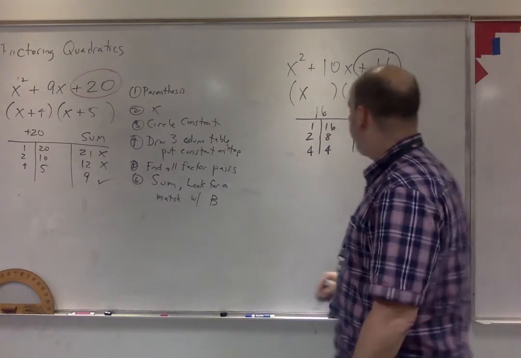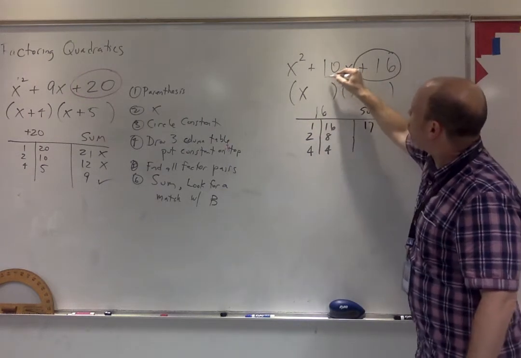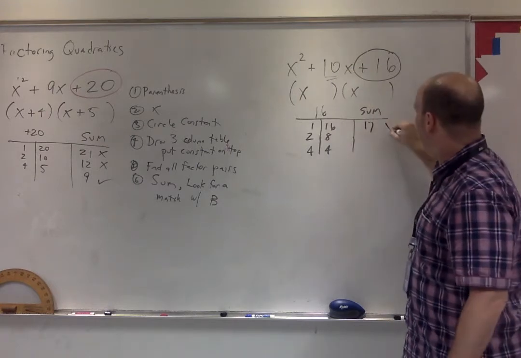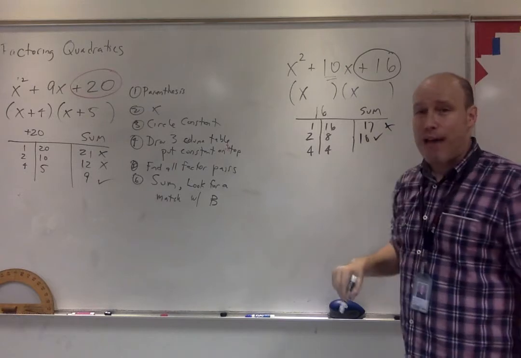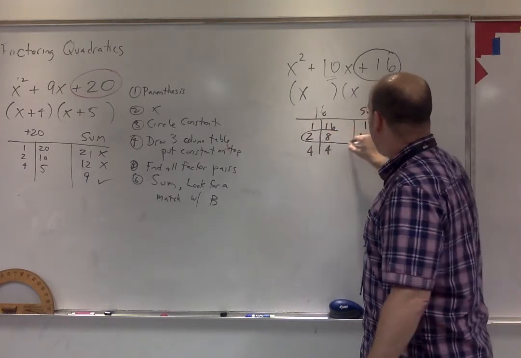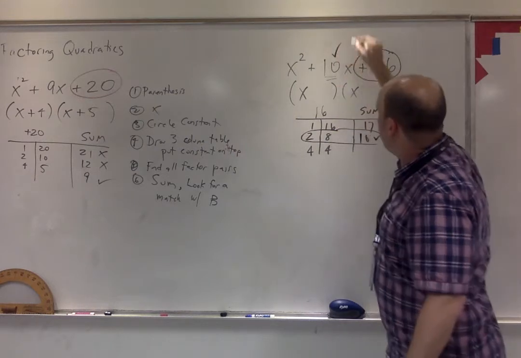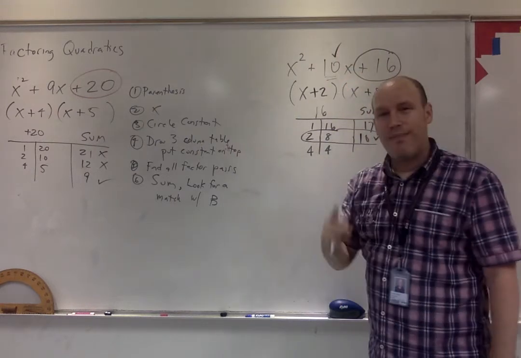So, 1 plus 16 is 17. Is that a match? No. What about 2 plus 8? 10. Nice. I have a match. You don't need to do any more. Because the 2 and 8 match with the 10, it's x plus 2, x plus 8. Excellent.